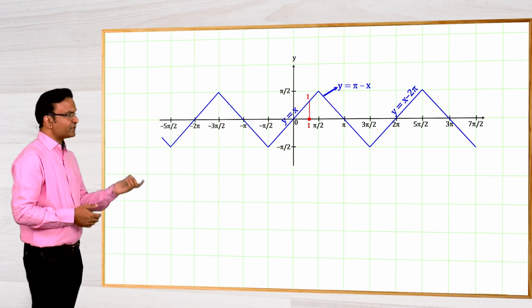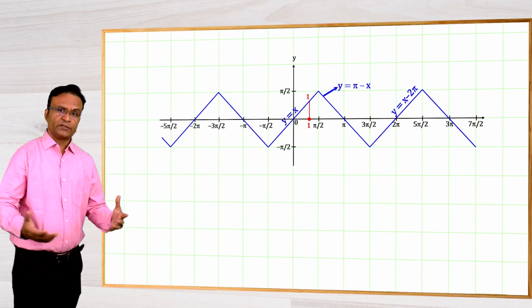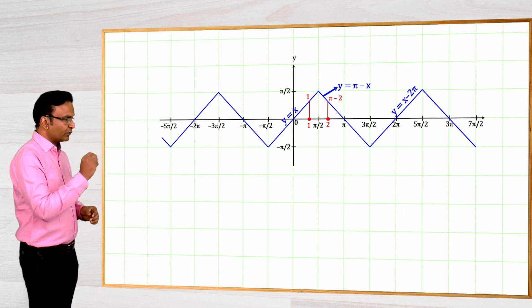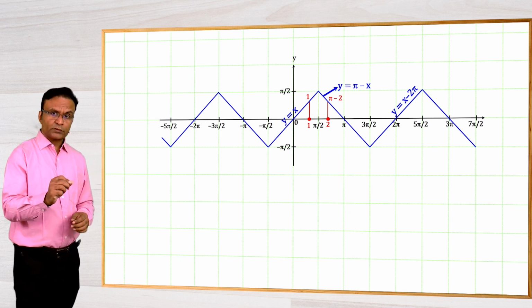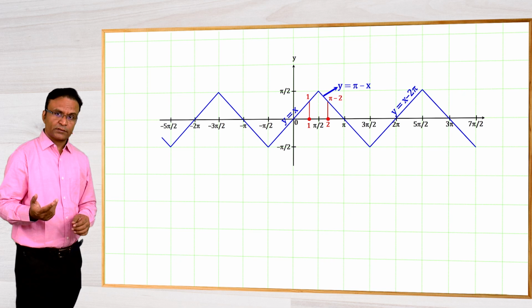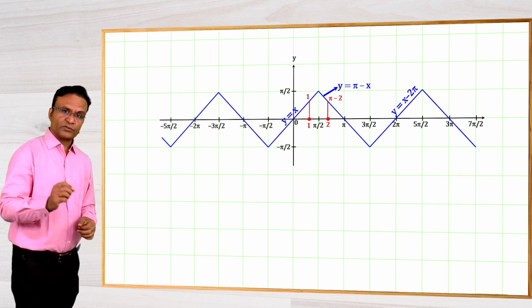That means for x is equal to 1, y is equal to 1. Sin inverse of sin 1 is 1. Now take x is equal to 2. Now this point falls in the region where the function is pi minus x. So for x is equal to 2, we have the value pi minus 2.